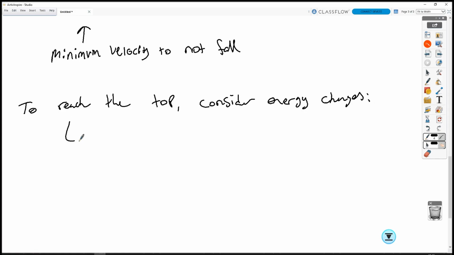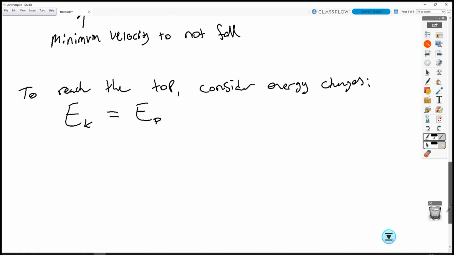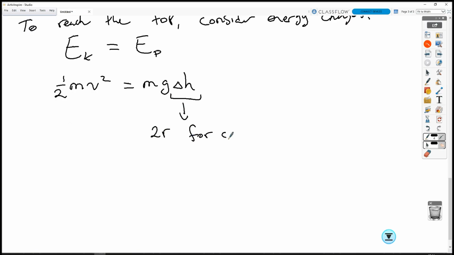So in this case, you've got kinetic energy at the bottom, turning into potential energy at the top. If you've gone from the bottom of a circle to the top of the circle, your change in height is 2 times the radius of that circle. So we've got a half mv squared equals mg delta h. Now delta h is 2r for a circle.